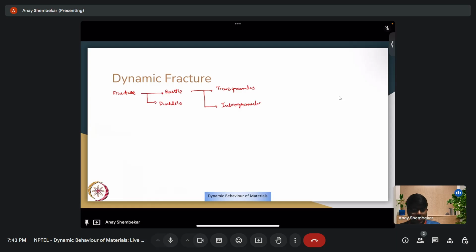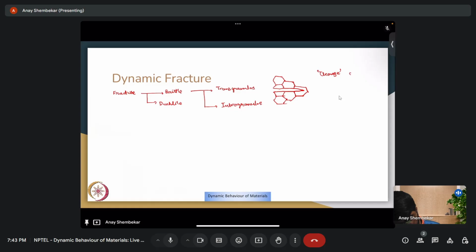So what do we mean by that? Transgranular is when the crack propagates through the grains. So this is the crack that is going through inside the grains. So there is a cleavage.